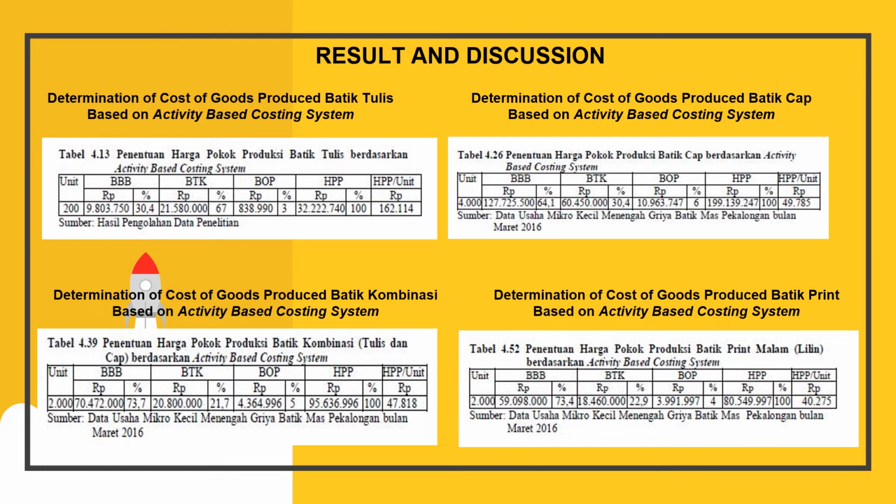And then in table 4.39, the result for the combination based on the activity-based costing system is about 47,818 per unit. And the last, in table 4.52, the result for the print based on the activity-based costing system is about 40,275 per unit.